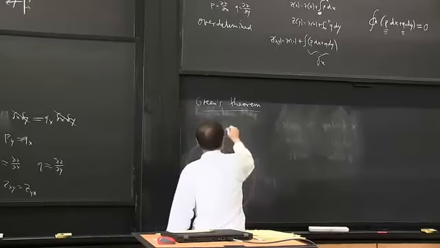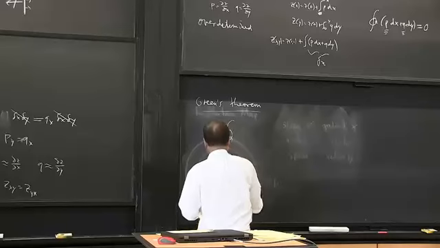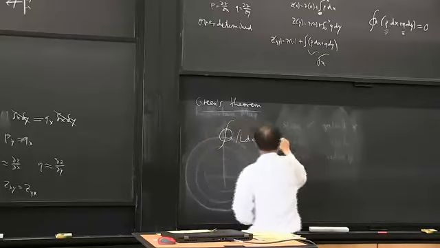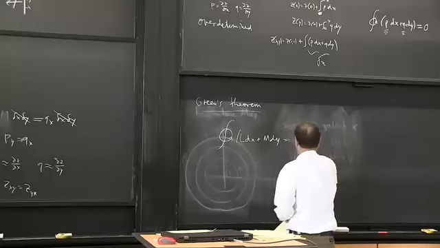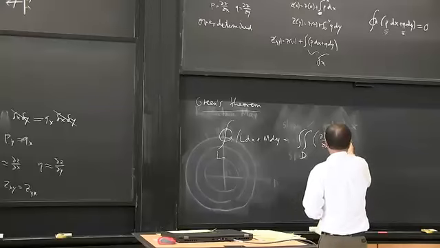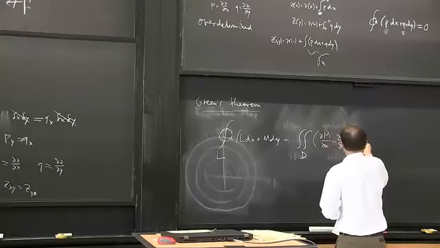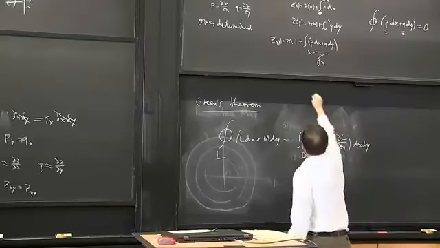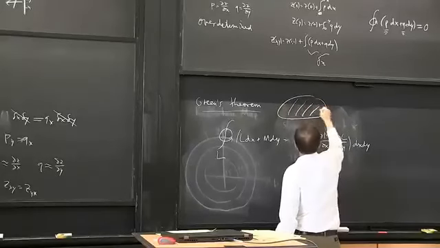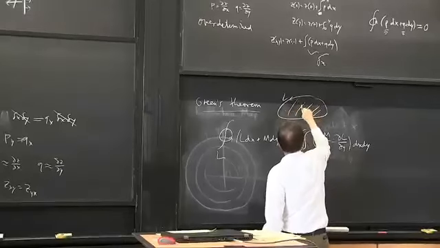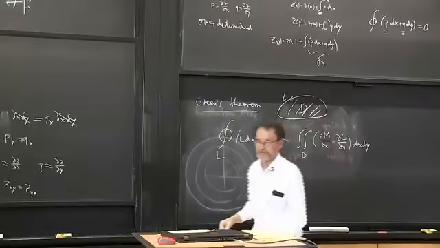But what it does is it relates a contour integral to an area integral, where, let's draw some sort of shape. So L is this contour, and D is that area.